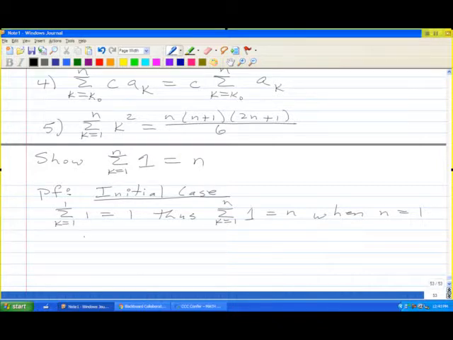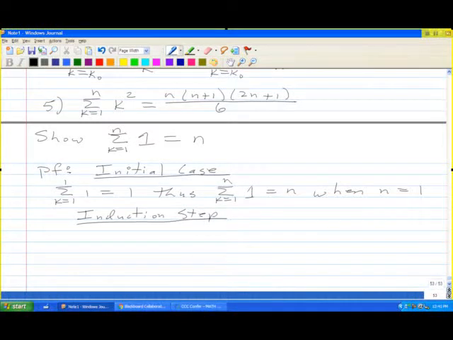Now let's do the induction step. Let's suppose that the sum k equaling 1 to n of 1 is equal to n. Then I want to show that the sum k equaling 1 to n plus 1 is equal to n plus 1.